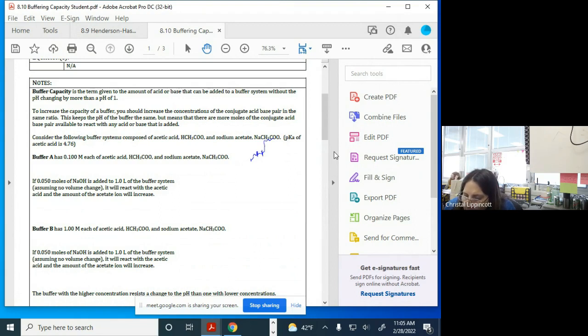So what happens here is we're going to have our H plus here. That's going to equal our Ka value. So if I take 10 to the negative 4.76, that's going to give me 1.74 times 10 to the minus 5. That's my Ka value.